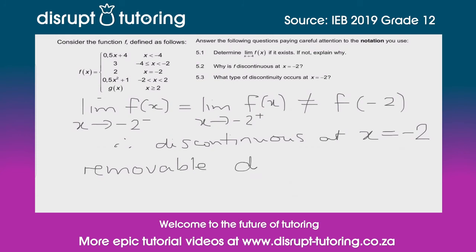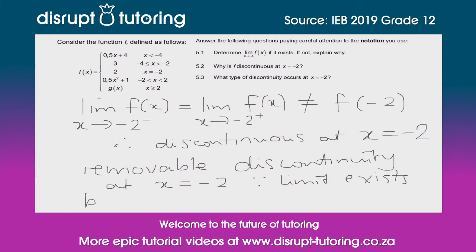So it is a removable discontinuity at x equal to minus 2 because the limit exists but is not equal to the function at that point. Okay, so that is the question about discontinuities.